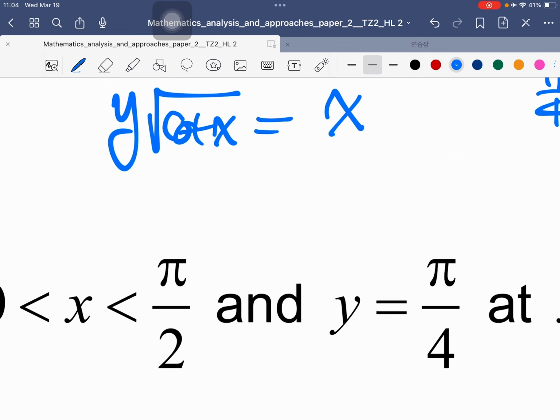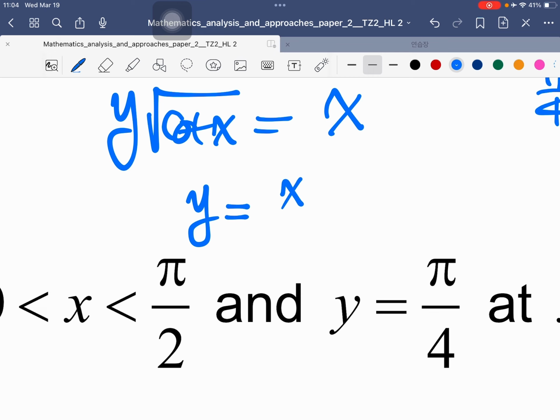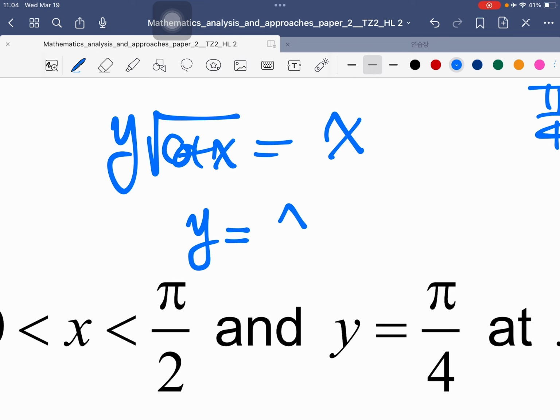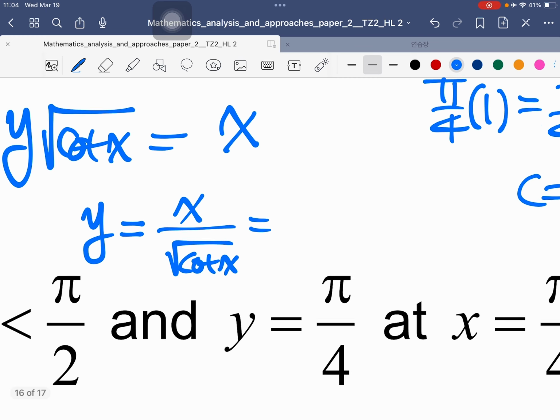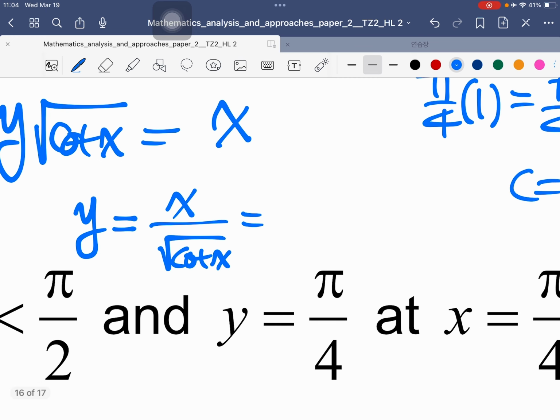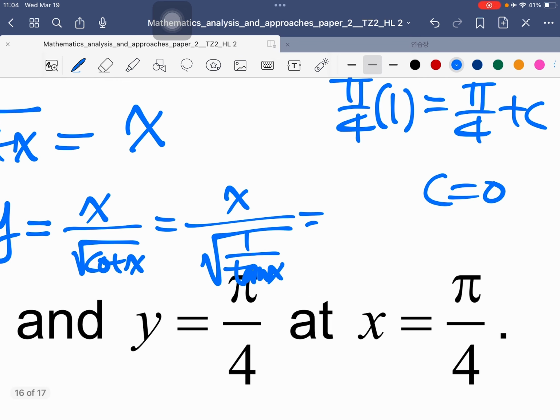Therefore the particular solution is y equals x divided by the square root of cotangent of x, so it's x divided by the square root of 1 over tangent of x, which equals x square root of tangent of x.